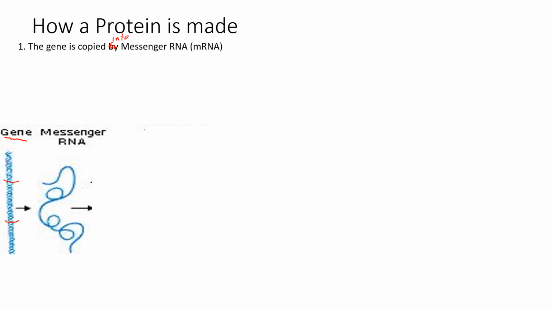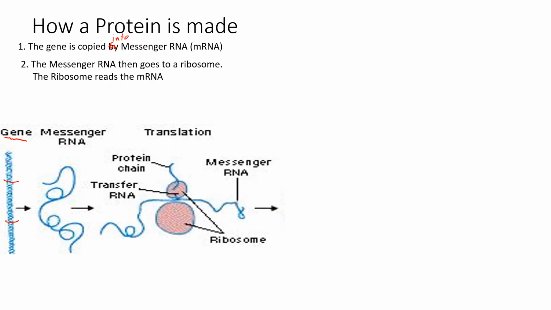There are a few little differences between RNA and DNA, but they're quite similar. After that, the messenger RNA leaves the nucleus and goes to a ribosome, which is on the endoplasmic reticulum, or somewhere else in the cytoplasm.